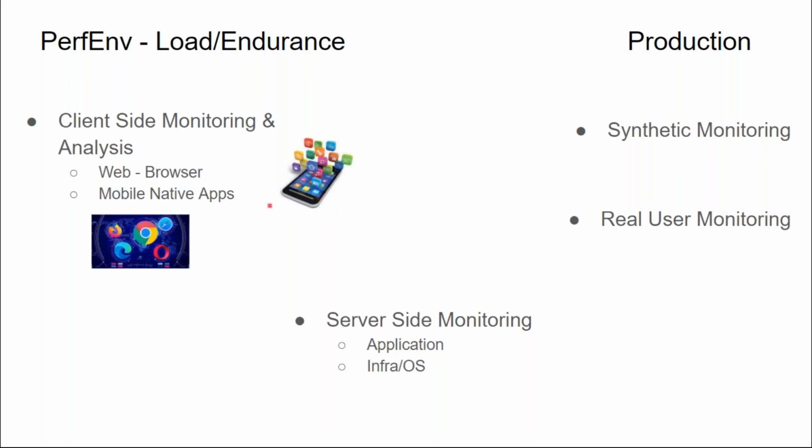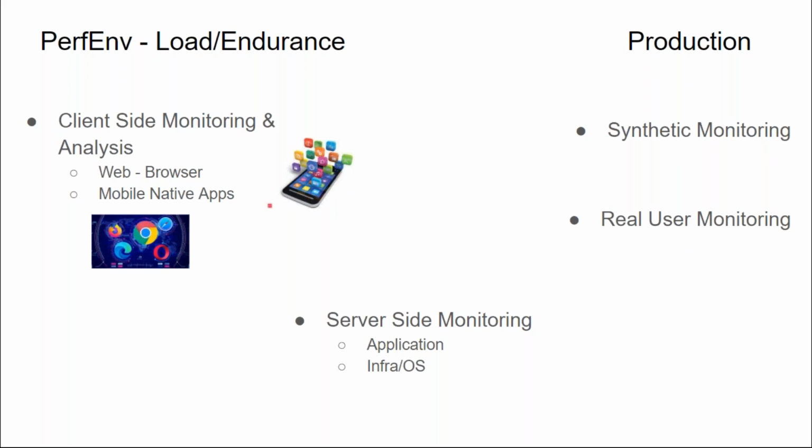We do certain things in each when it comes to monitoring. Apart from regular load testing with JMeter or LoadRunner, which is business as usual, we are going to look into client side monitoring, client side profiling or client side engineering, which is applicable for the performance environment.